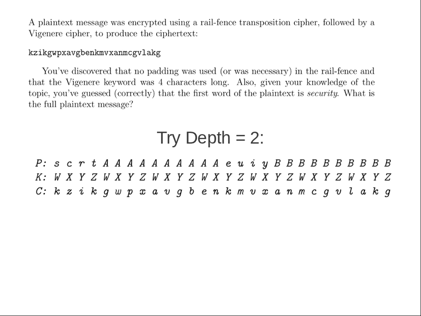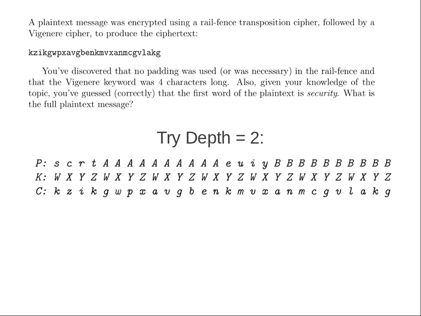We know the ciphertext that's given, and we know that the key is 4 characters long. So I've written the key as WXYZ, WXYZ, because we repeat the key. Now I look at the values of plain text and ciphertext that I know.